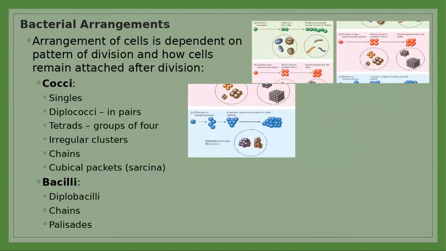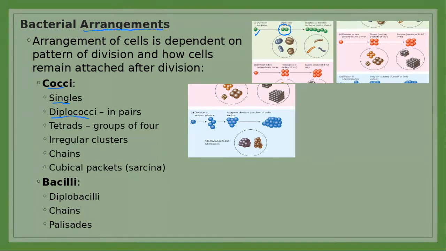Now the arrangement. As you see before under the microscope, sometimes coccus bacteria are just single, individual bacteria separated one by one, or sometimes they combine to become two. It's called diplo, D meaning two, so it's going to be diplococcus bacteria.